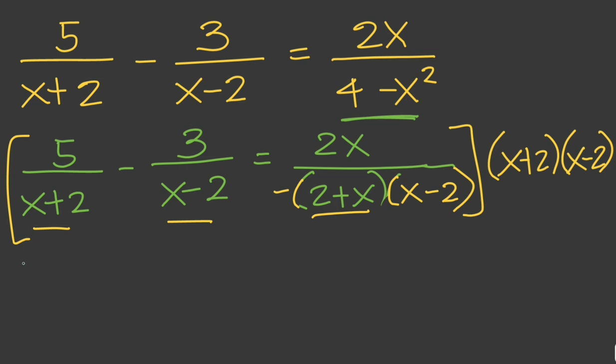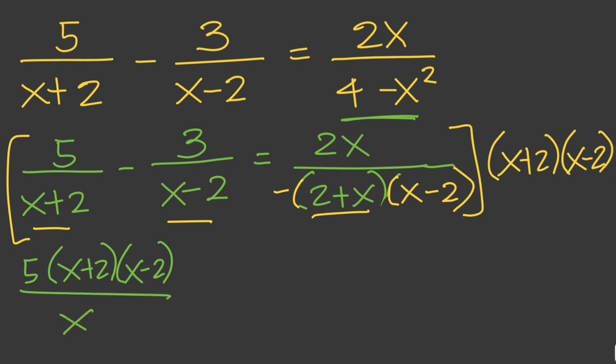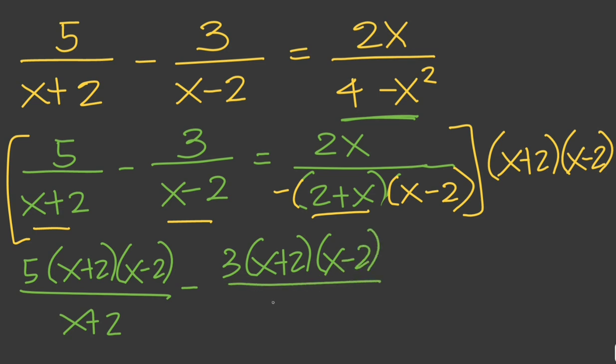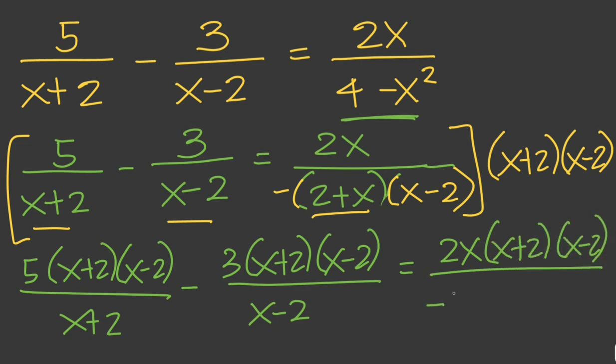So this would become 5 times x plus 2 times x minus 2 over x plus 2 minus 3 times x plus 2 times x minus 2 over x minus 2 equals 2x times x plus 2 times x minus 2 over negative x plus 2 times x minus 2. And now we can eliminate the common factors.